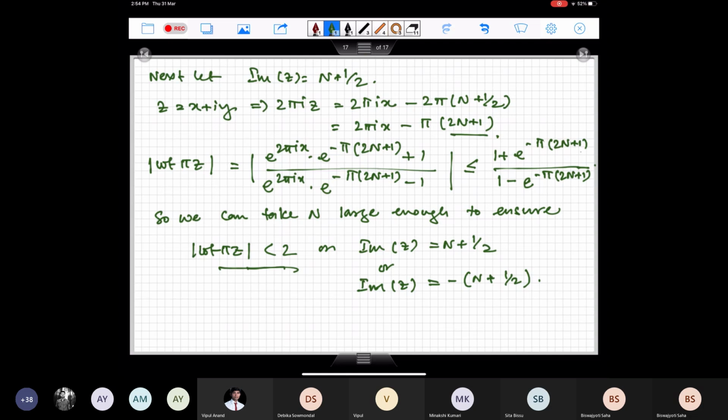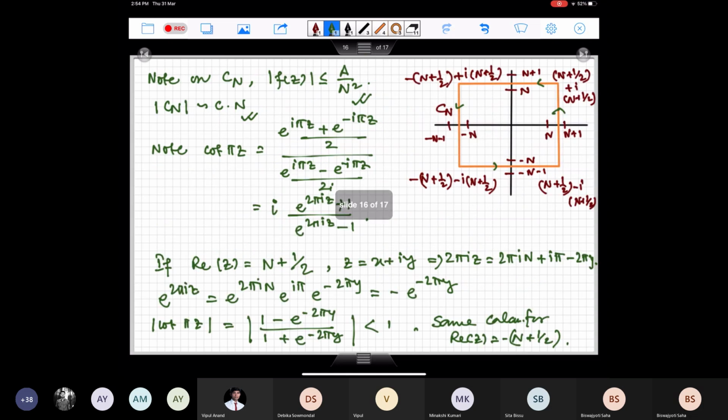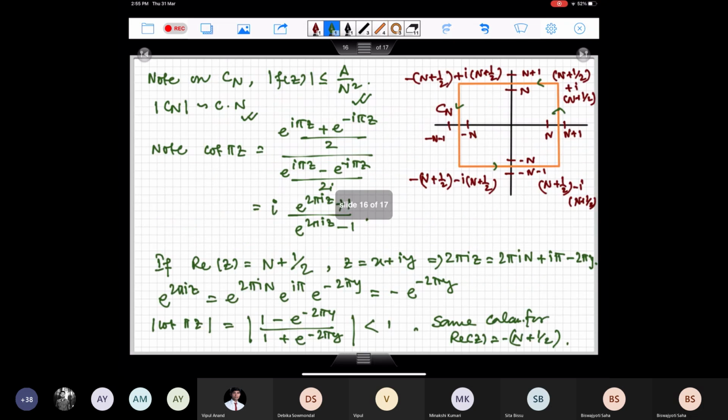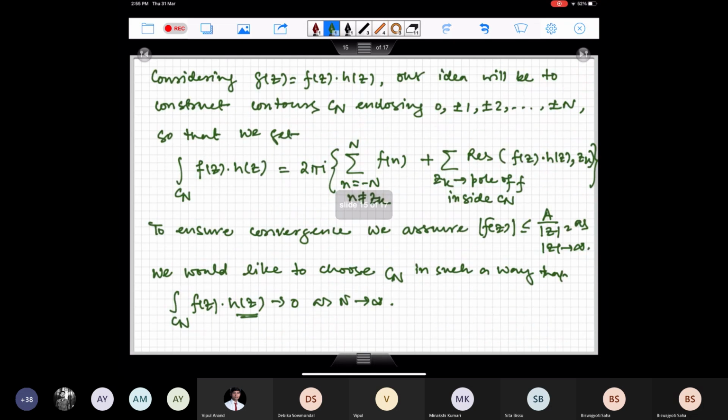Therefore, first I saw that on these two lines the cotangent was less than 1, and now on these two lines the cotangent is less than 2 in absolute value. Of course there was a pi multiplied with it, but effectively this h function on the contour is a bounded function, independent of n.